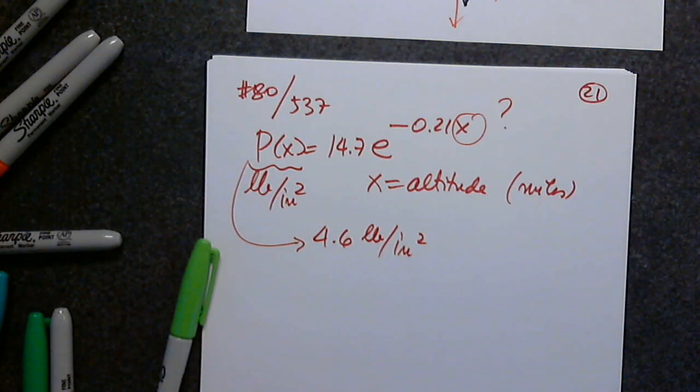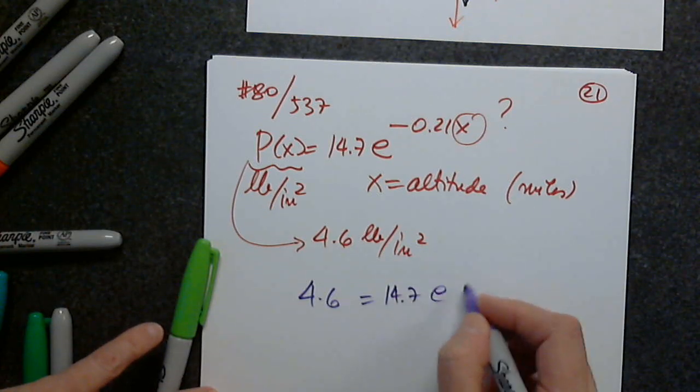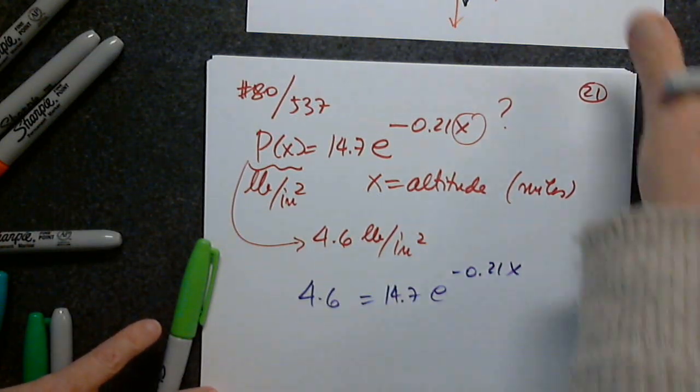Very interesting problem. What do you think about this? What do we have to do? So we have 4.6 equals 14.7 e to the negative 0.21x, and what do we do next?